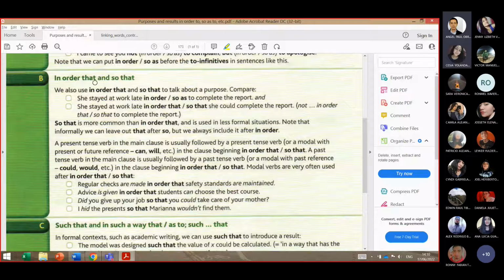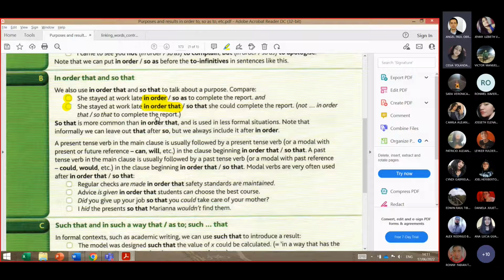Ya, in order that and so that también los utilizamos para hablar de un propósito, ¿sí? Entonces decimos, por ejemplo, she stayed at work late in order to complete the report, or you can say so as to complete the report. She stayed at work late in order that, ¿sí?